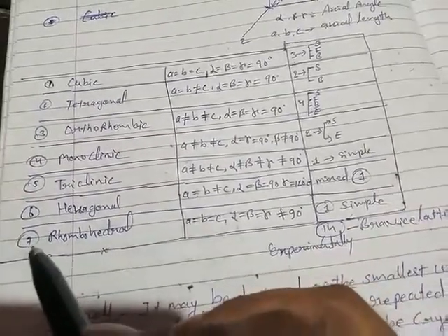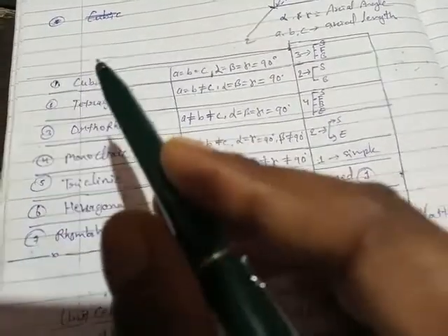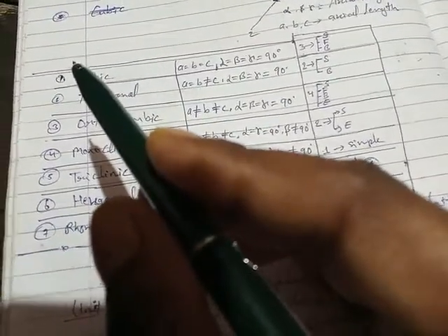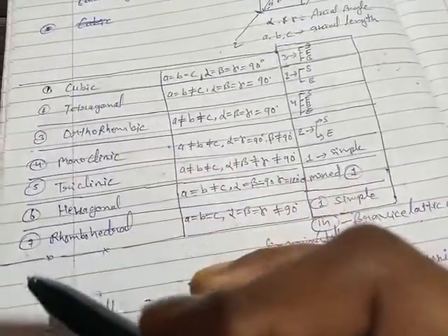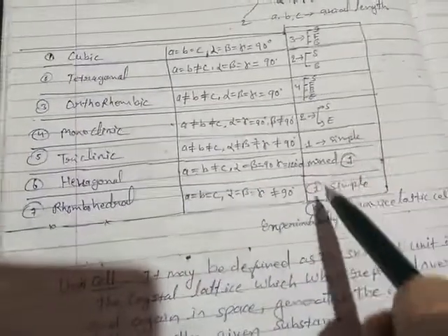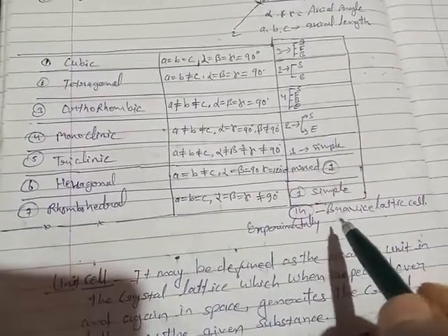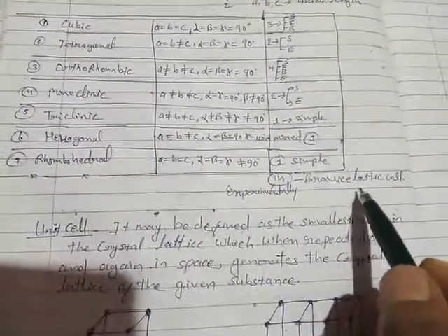Because if we follow it theoretically, to form the three-dimensional structure of unit cell there are 7 types, and when in each of the 7 types we follow all 4 types of unit cell like simple, ECC, BCC, FCC, we can form 28 types of structure. But experimentally only 14 types are possible. So that's why these are called the Bravais lattice cells.